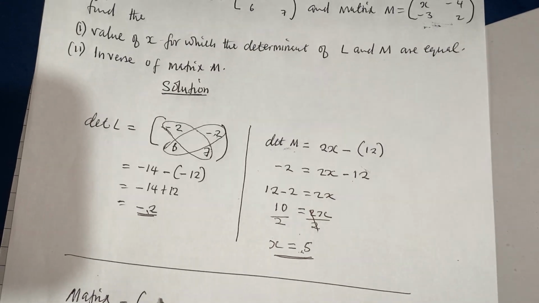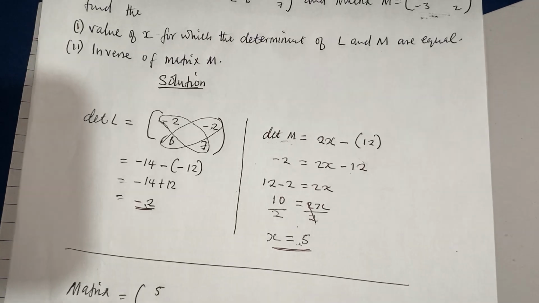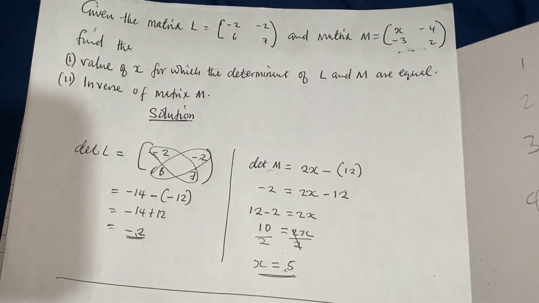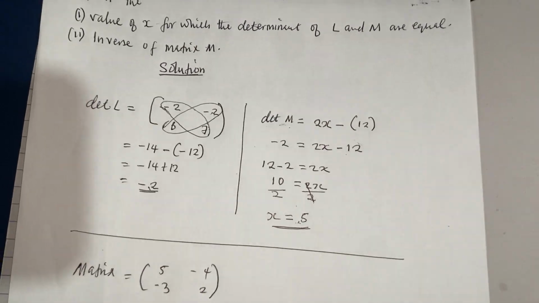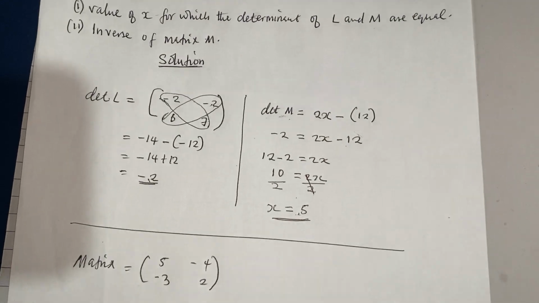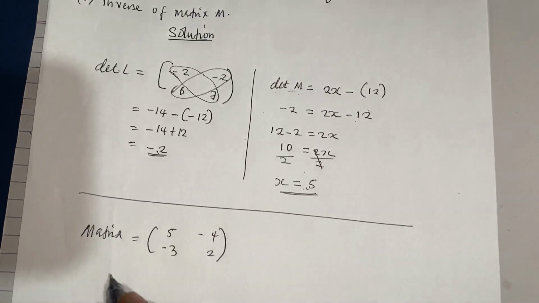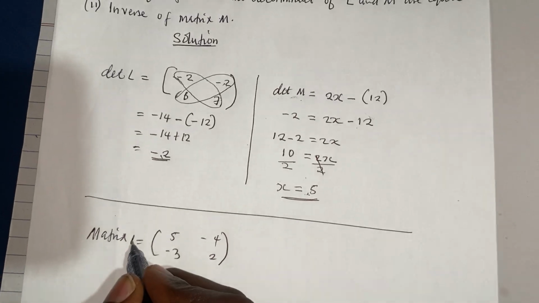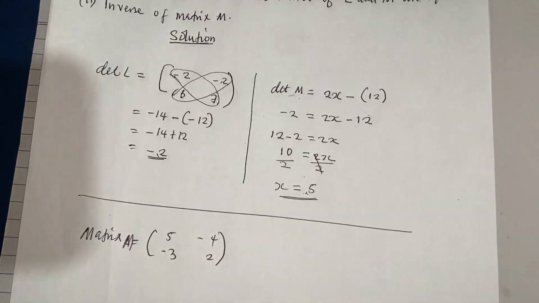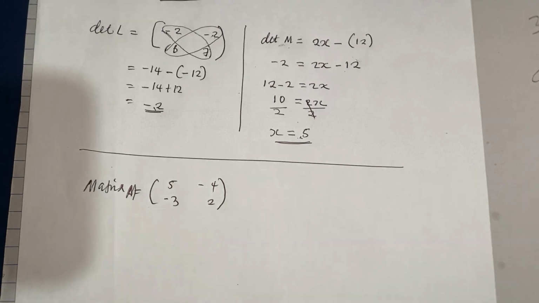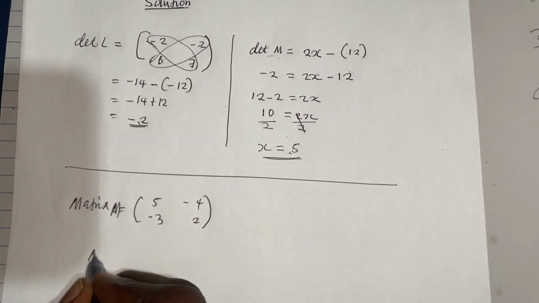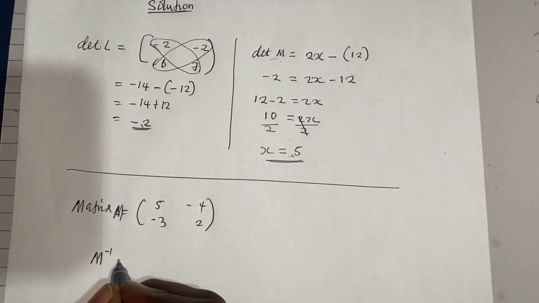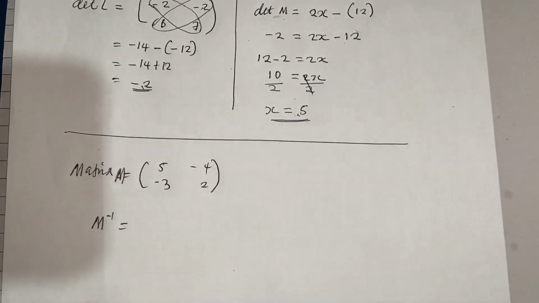So we have 5, -3, -4, and 2, like that. Now this is how to find the inverse. This is matrix M. The inverse is denoted by M to the power -1.